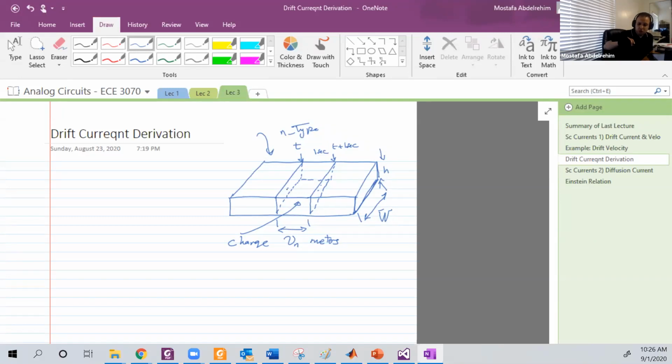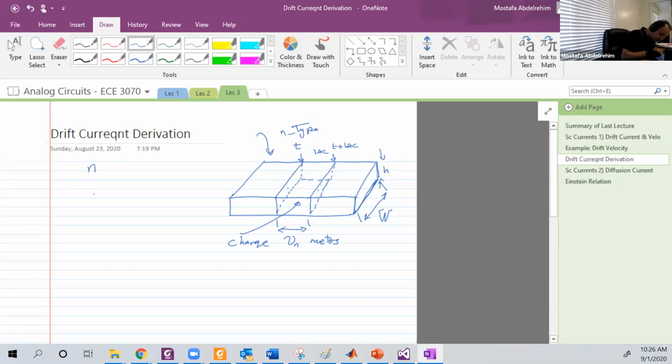We usually neglect the holes current when we talk about N-type materials. As you see, for example, from last lecture, n was 10 to the power 16, at the same time, p was 10 to the power 4. The difference is 1 trillion. Good. So the carrier density is n.